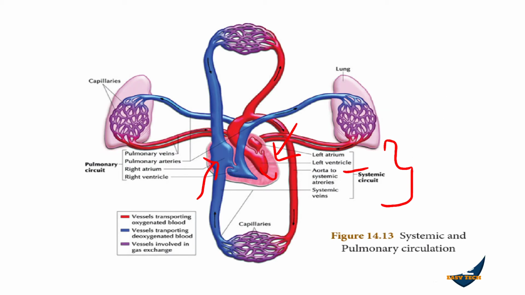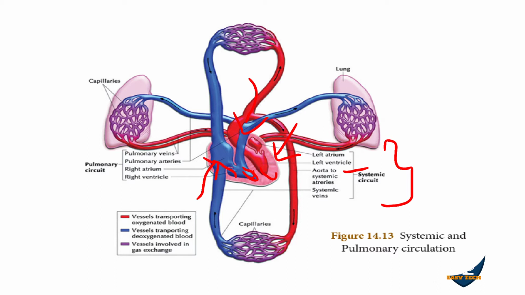The right auricle receives the impure blood, then the blood passes to the right ventricle. From the right ventricle, the pulmonary artery takes the blood to the lungs for purification. After purification, the pure, oxygenated blood is sent to the left auricle.